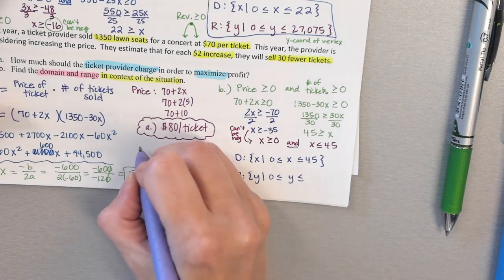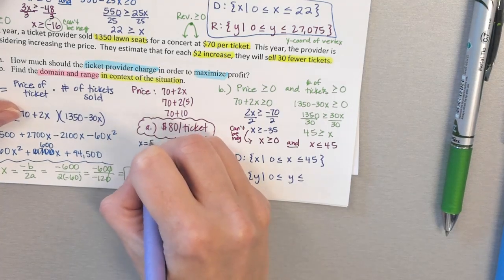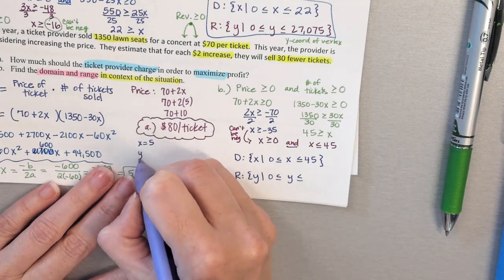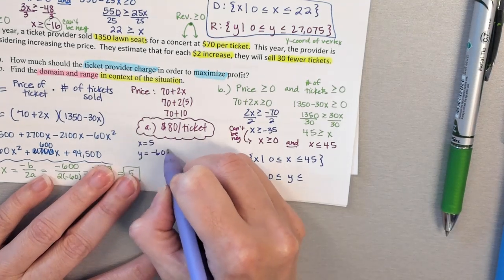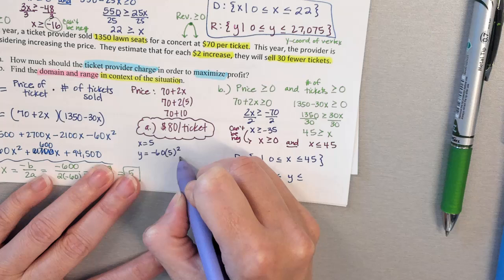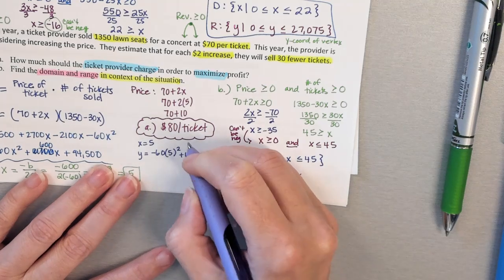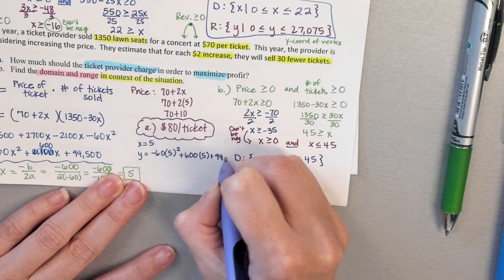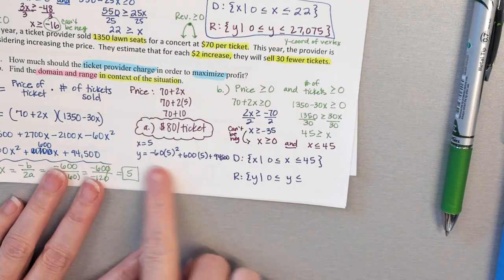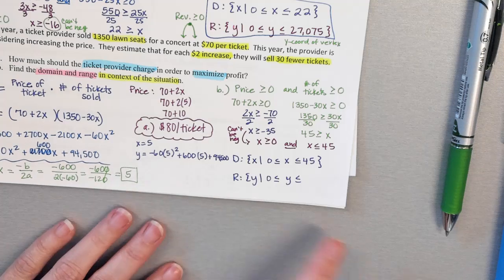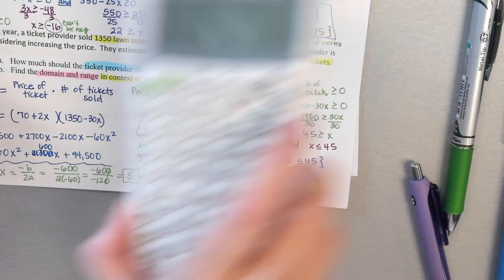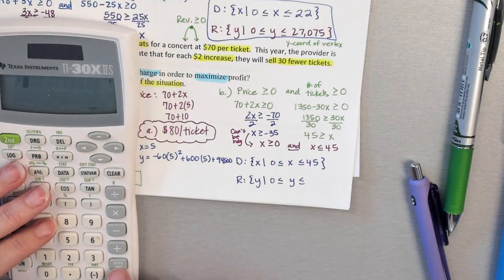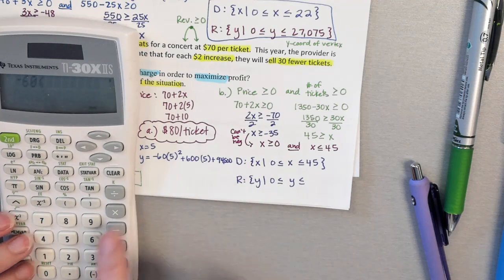Okay, so to find the y coordinate, if x equals 5, we can just do y equals negative 60 times 5 squared plus 600x. Okay, and again, you can just calculate that all at one time. Use your parentheses.